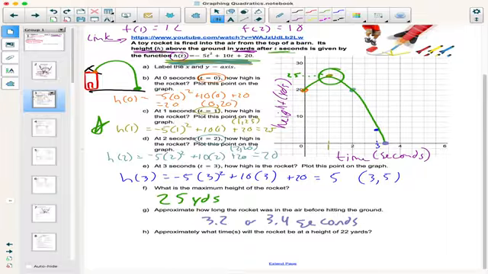Approximately what time or times will the rocket be at a height of 22 yards? Okay. Well, 22 is here, right? That's this right there. That's 22. So right there, that looks to be 0.25 seconds. And also it hits it here, right?